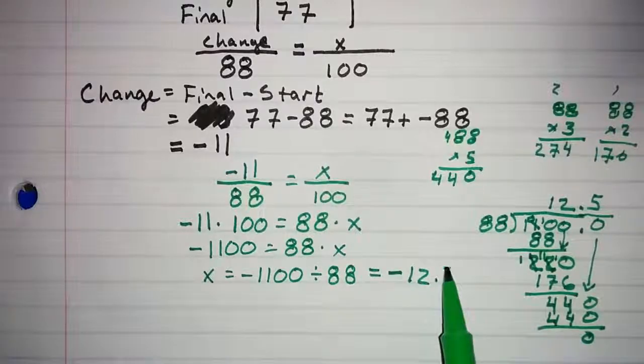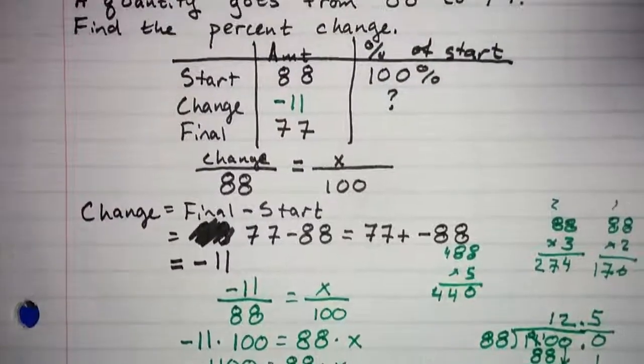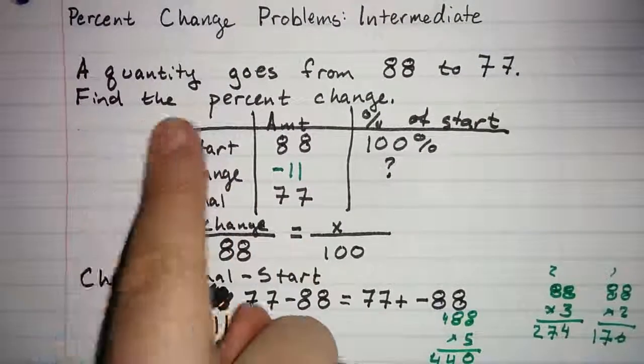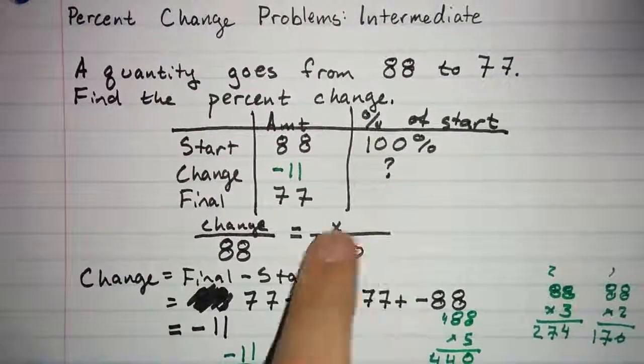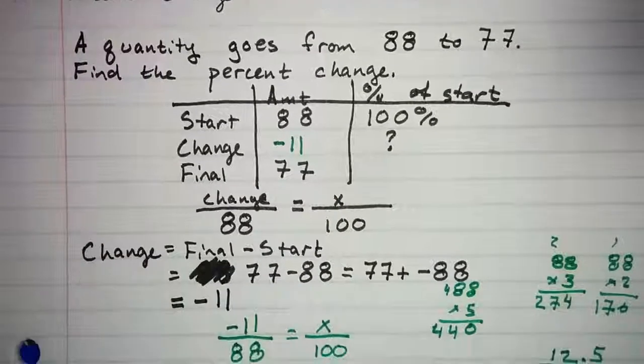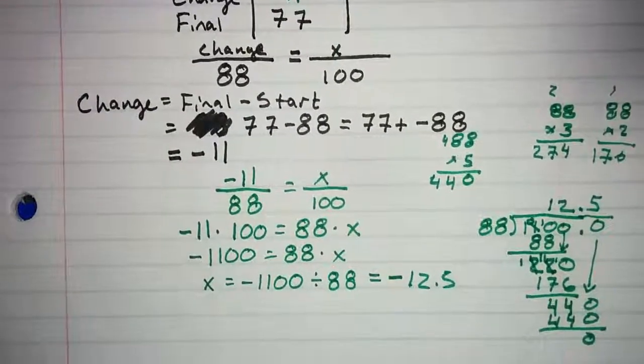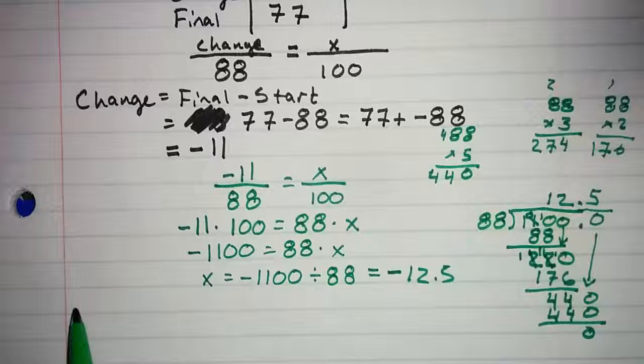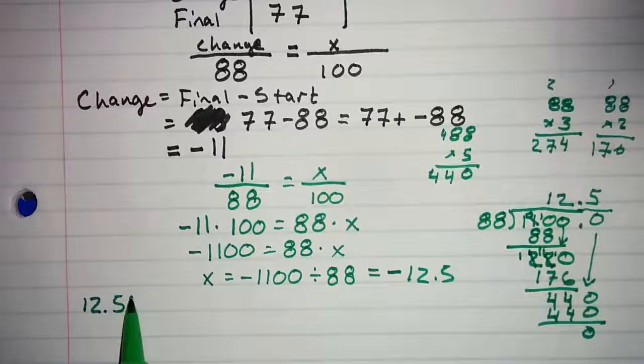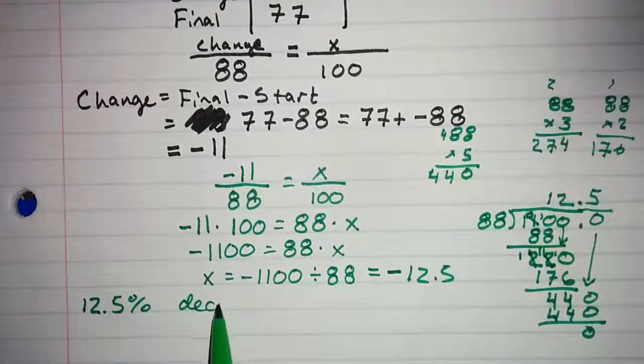Negative 12.5. So let's see, how does that relate to my question? Find the percent change. I found it, right? So that negative 12.5, the percent change was a 12.5% decrease.